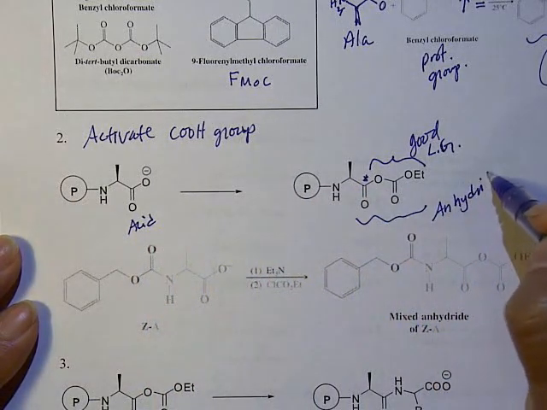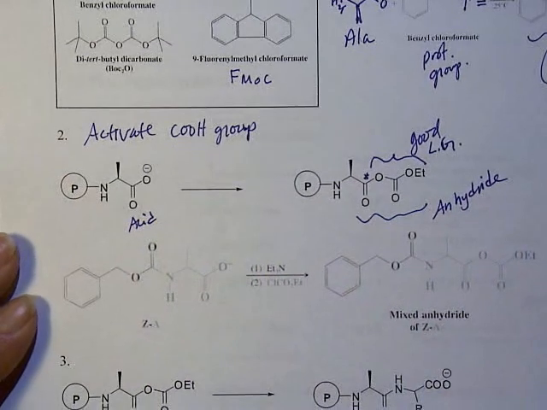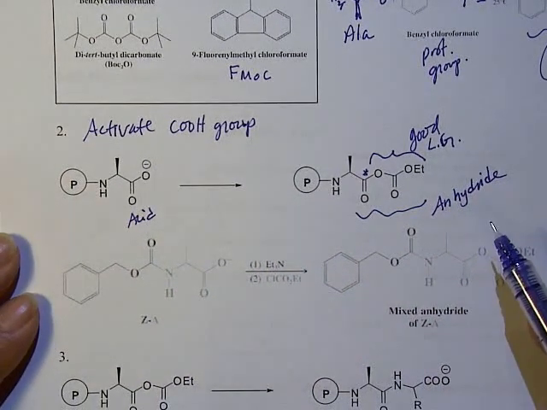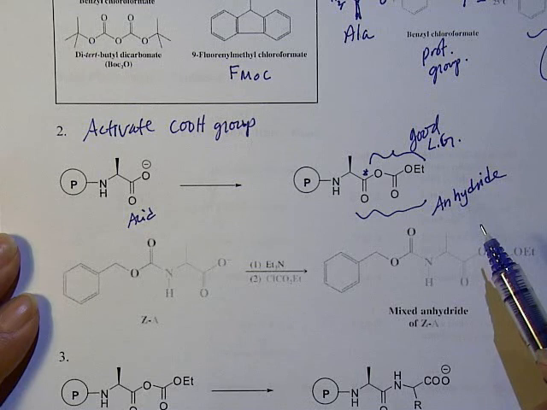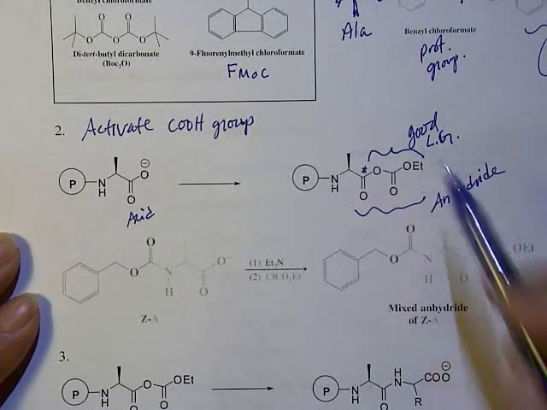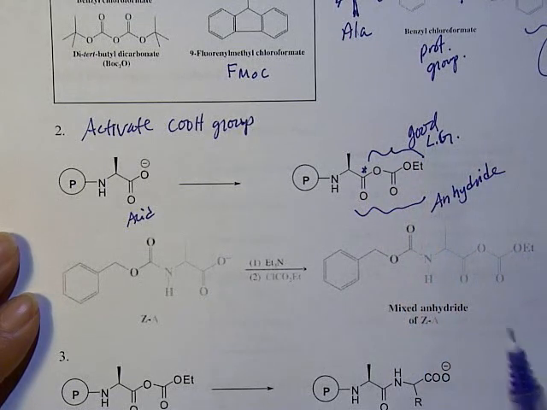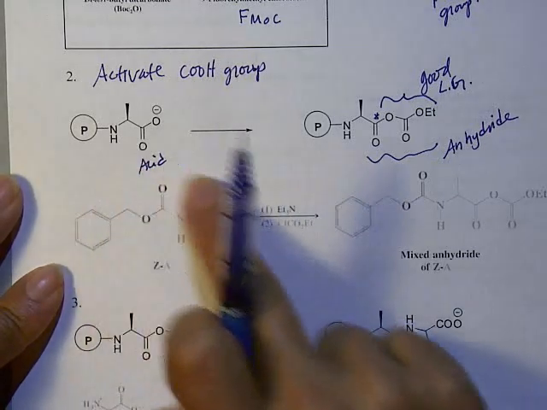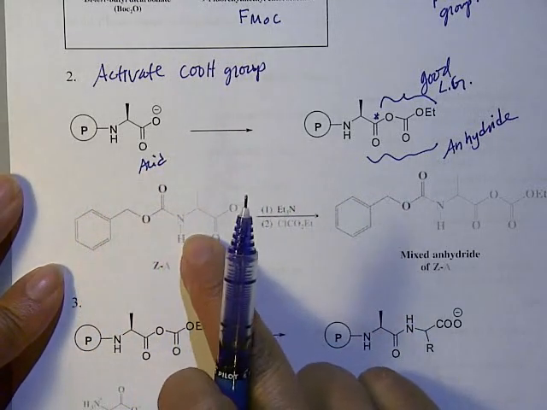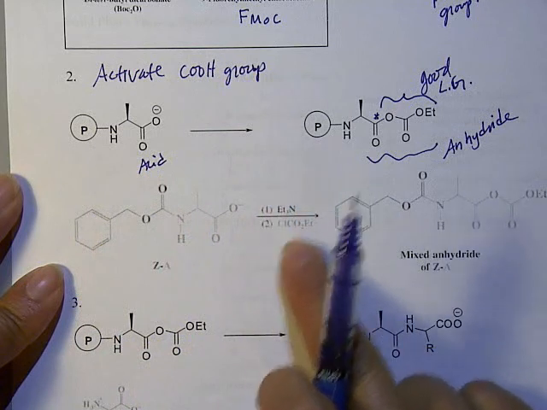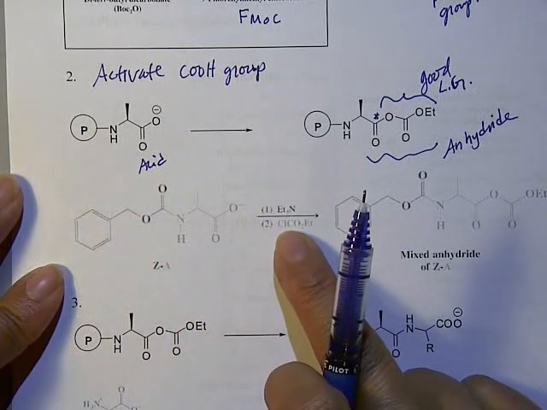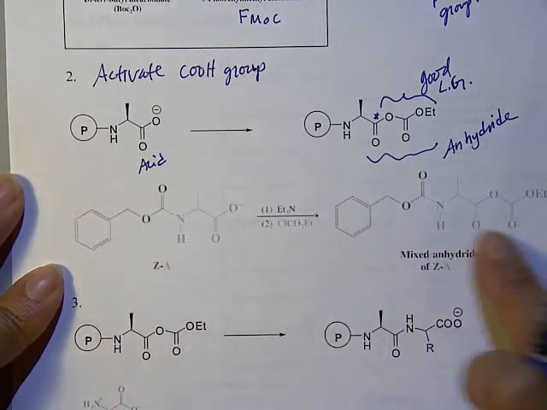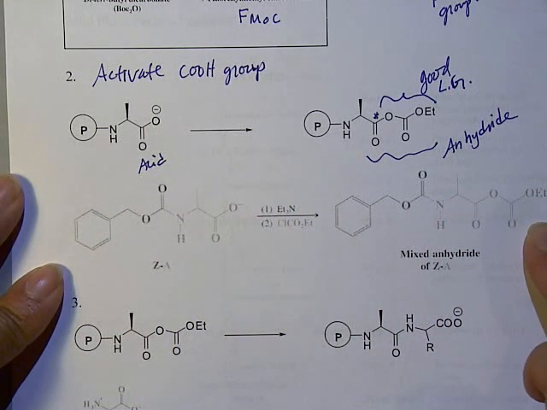Anhydride. And we know from Unit 3 that anhydride is a lot more reactive in terms of being able to serve as a good leaving group over here. So that's what we're doing here. This is a specific reaction to activate the carboxyl group. So here's a protected alanine, and then we're using this reagent to make it into an anhydride, right?